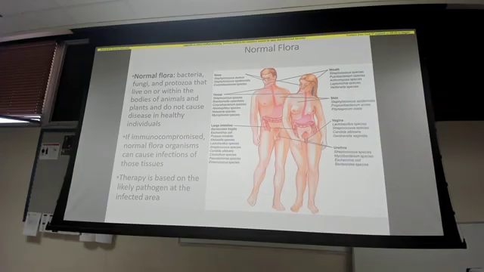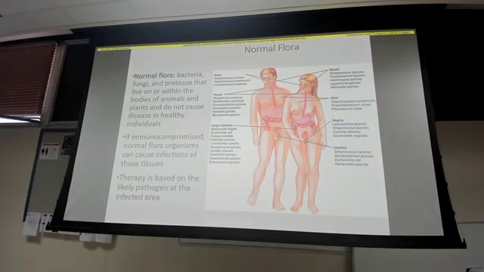If somebody is immunocompromised, this normal flora can potentially cause them to become sick, right? Because they don't have the normal defenses. So now those typical bacteria that we have on our bodies are causing them to become sick, hospitalized, all of the things, potentially needing an antibiotic. And then understanding that it depends on where it is.